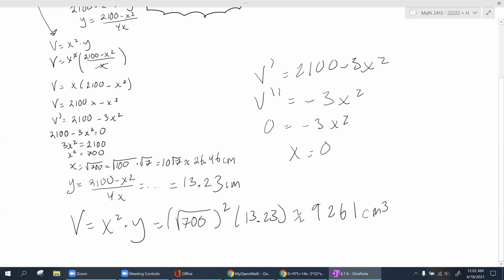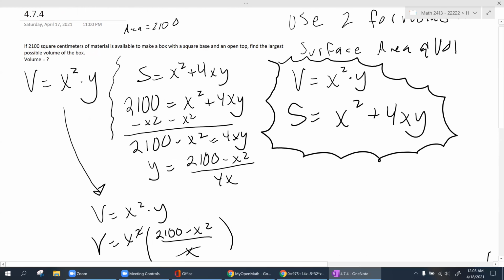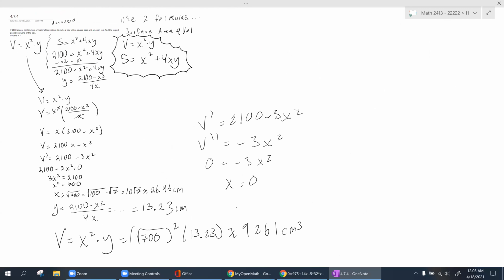It didn't end up working out for this one, but we know if it was negative, it would mean it was my maxima, and if it was positive, it would state that it was my minima. So inconclusive here, but the good thing is that it's stated in the question to find the largest possible volume. So that is how you go. So yes, this here's my final answer.